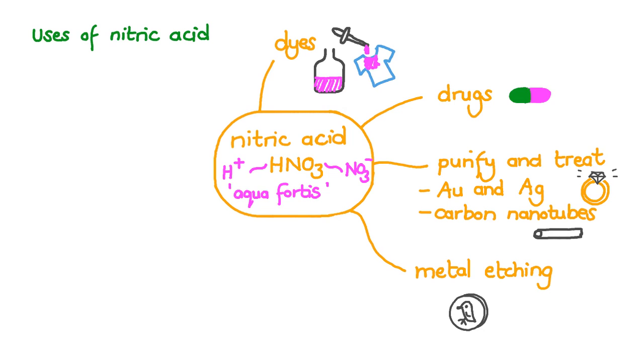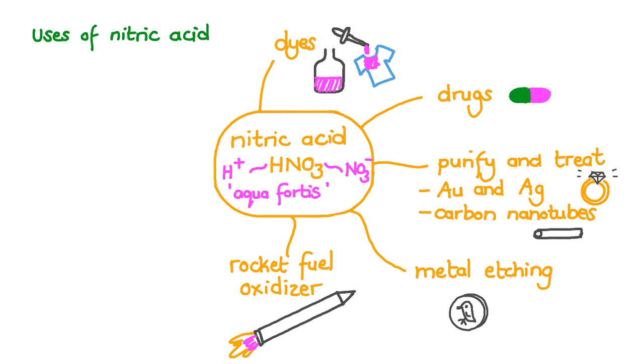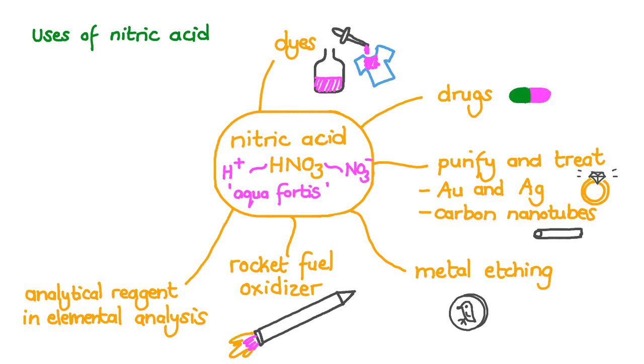As an oxidizing agent in rocket fuel, nitric acid is used as a reagent in elemental analysis in the laboratory. Elemental analysis is when a scientist determines which elements are present in a sample and in what quantities they are present.